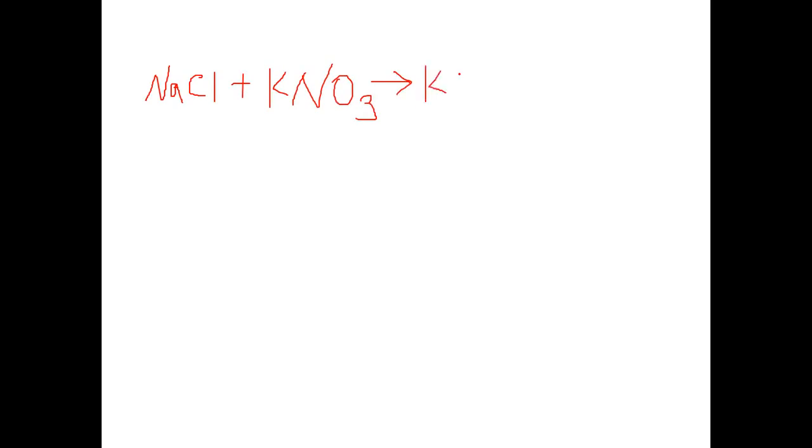Okay. Then NaNO3. Okay, now what I want you to do is tell me what's going to be the ionic equation here. If you break down all these things into ions, what's going to be the equation?